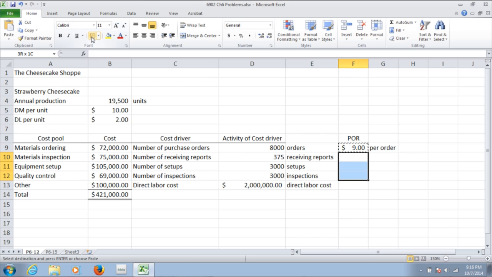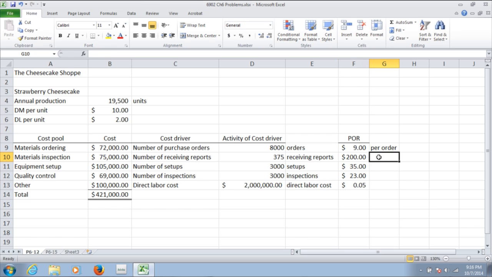We can copy these down using the appropriate cell referencing, but then we want to make sure that we have the appropriate descriptor here.